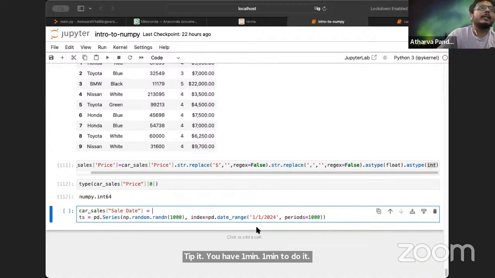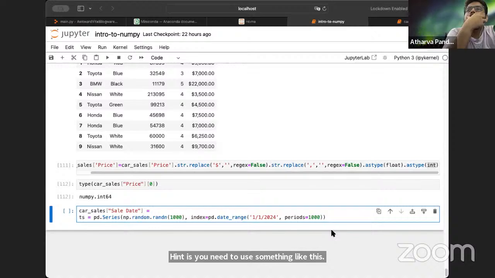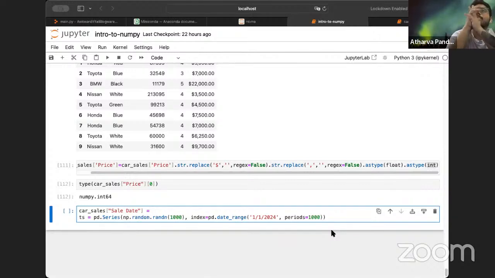Hint is you need to use something like this. Try.